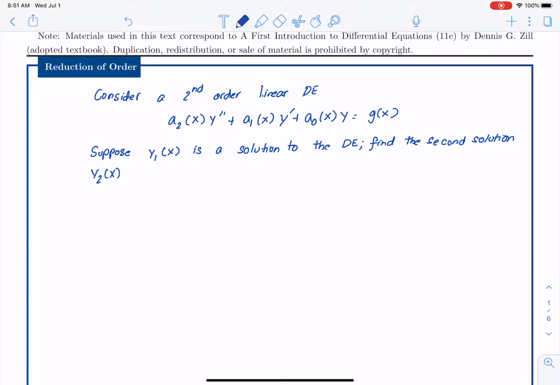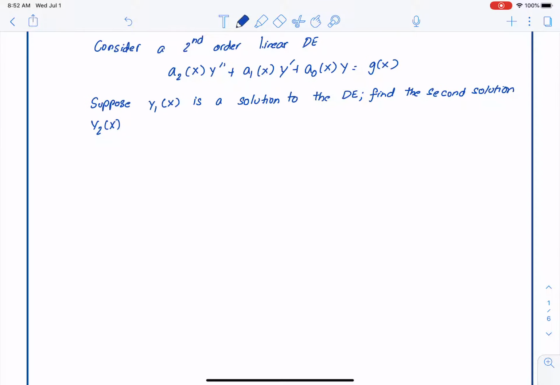So how do we go about doing this? We know that if y1 of x is a solution and y2 of x is another solution, then their ratio is not going to be a constant, provided they are linearly independent. Some function u is the ratio of y2 of x divided by y1 of x.